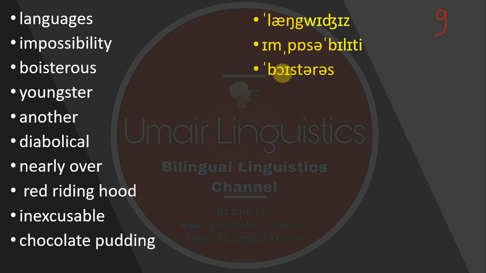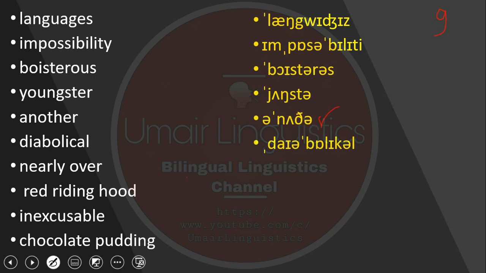Then boisterous, youngster, another. Then diabolical. If you transcribe this word in American English, you will write R as well. Even in this word youngster.